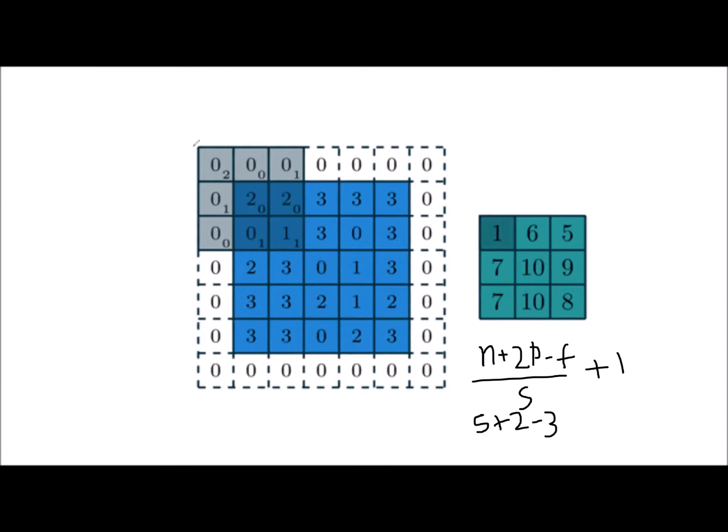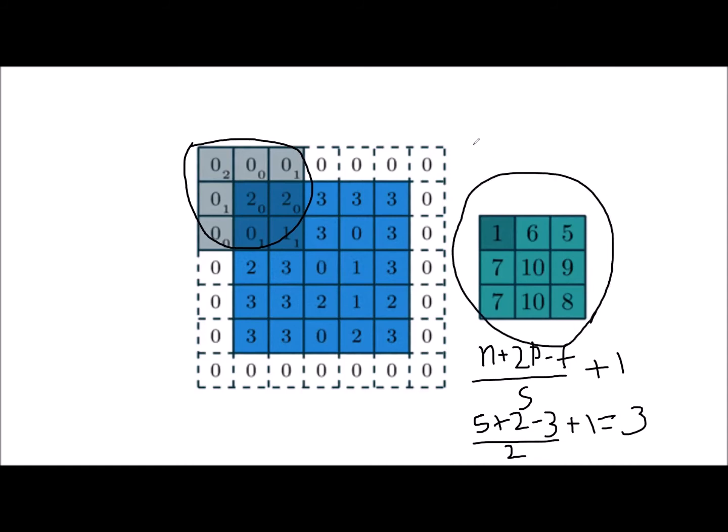This is the filter: 0 0 2 0 1 1 0 0 0 1 1. So the filter size is 3 by 3, and we take stride 2, plus 1. So the result is 5 plus 2 is 7, 7 minus 3 is 4, 4 by 2 means 2, 2 plus 1 is 3. So the final output feature matrix is 3.